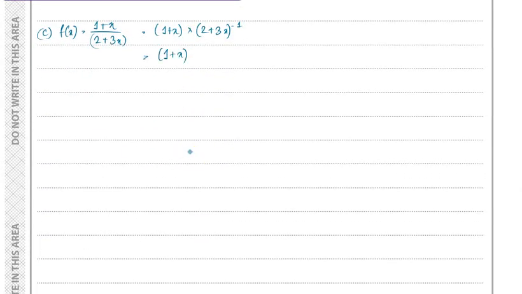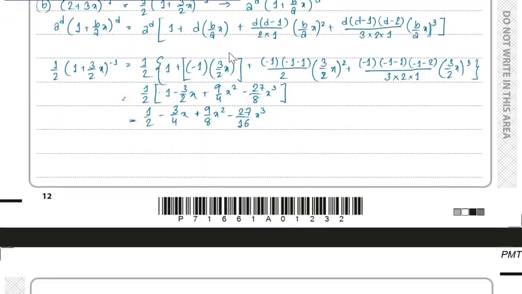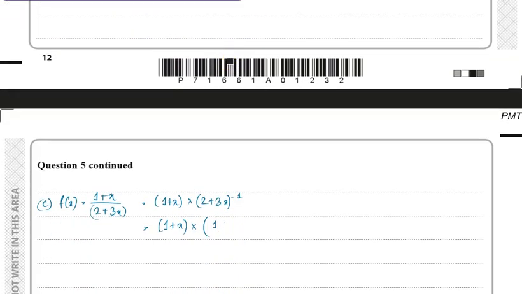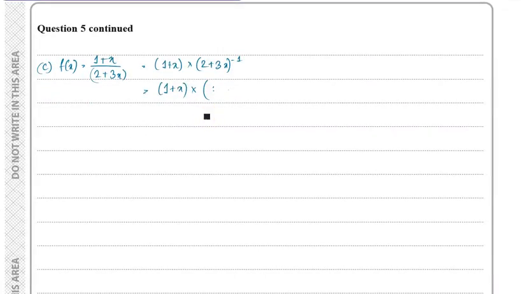So 1 plus x is multiplied by half minus 3 by 4x plus 9 by 8 x squared minus 27 by 16 x cubed.